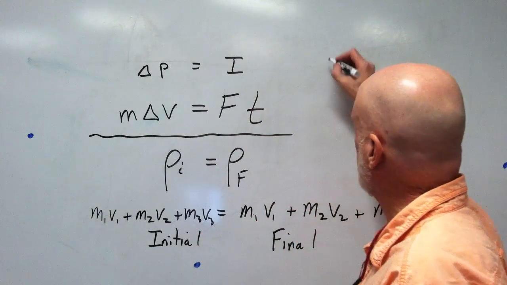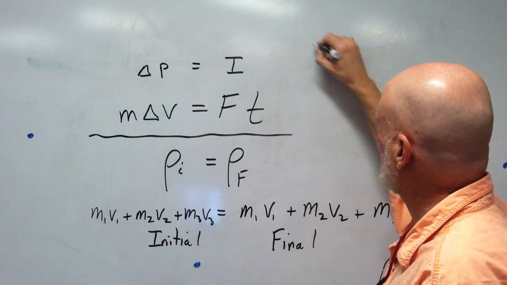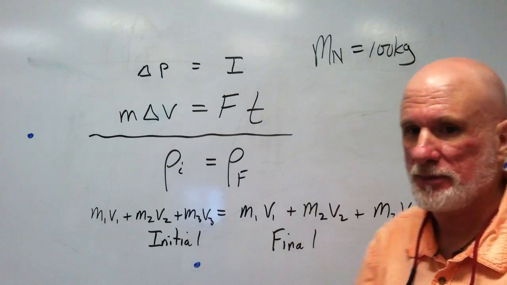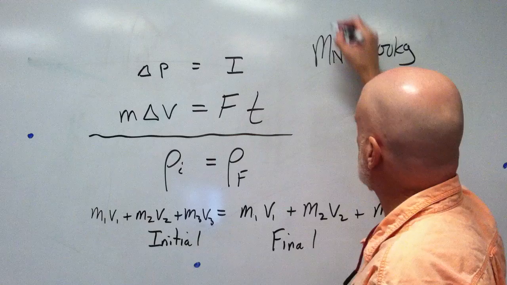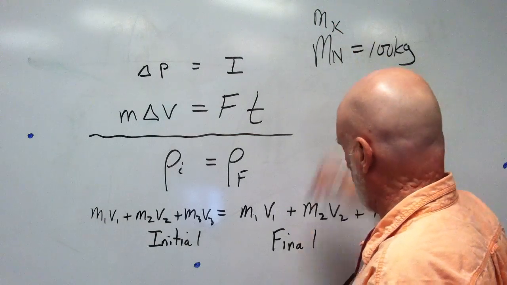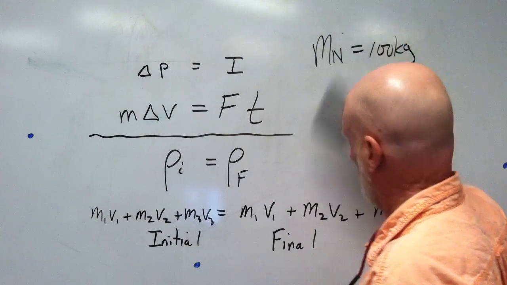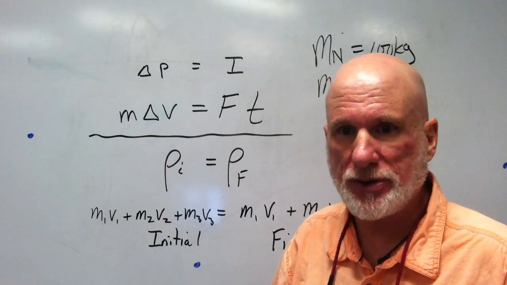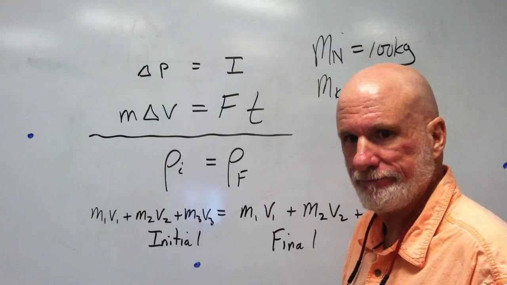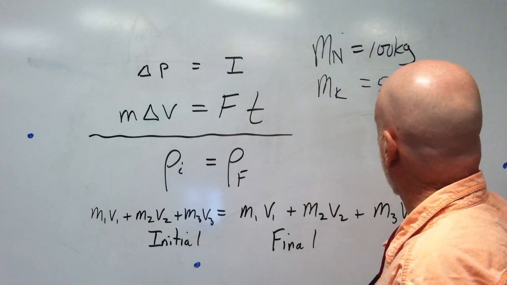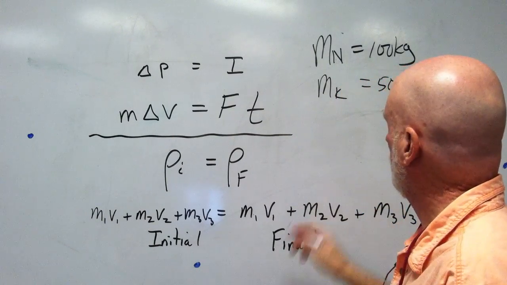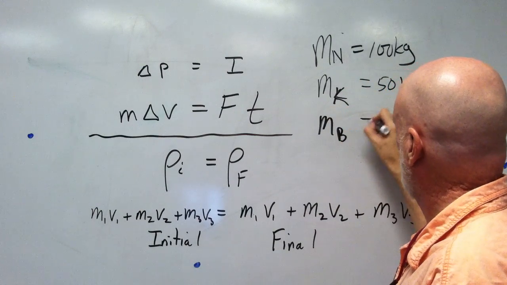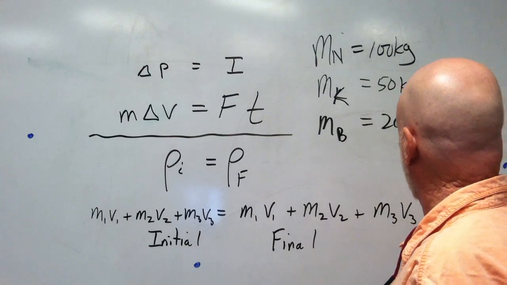Okay. Let's say the mass of Nate is 100 kilograms. Let's say the mass of Keith equals, pick a number, 50 kilograms. The mass of the boat equals 200 kilograms.